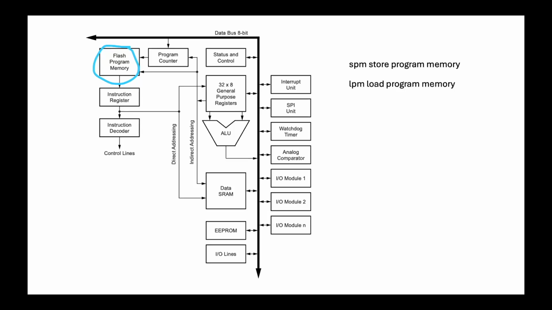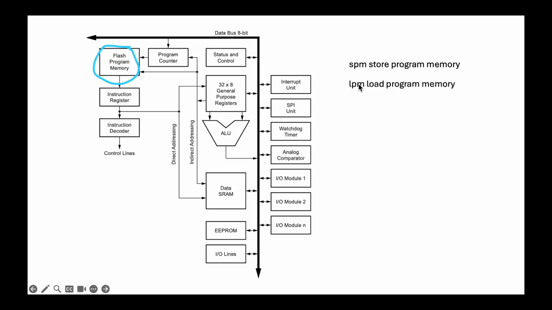In our case, it is 128 bytes. So you take a block of a page, you write your data to a page, then you're going to call store program memory to store the contents of that page to the flash memory. Most of the time, this is how we're going to use store program memory instruction.